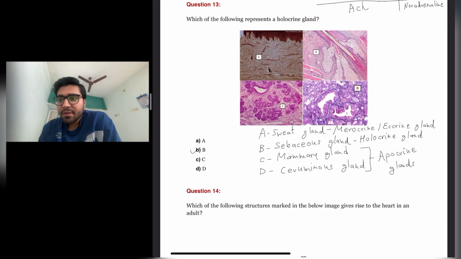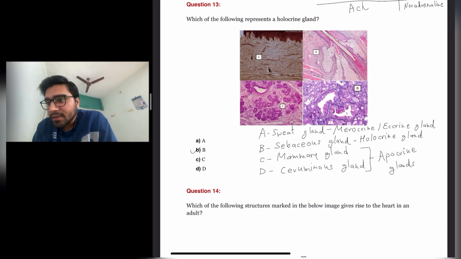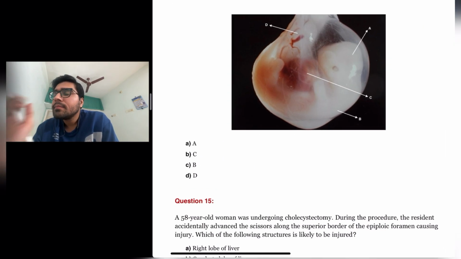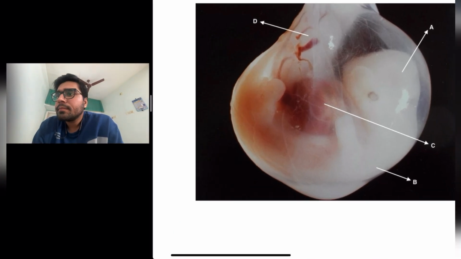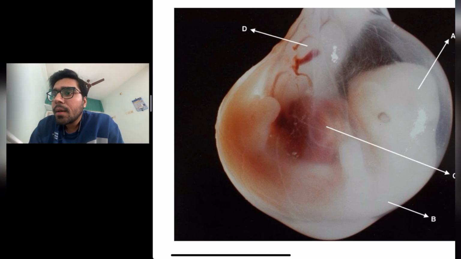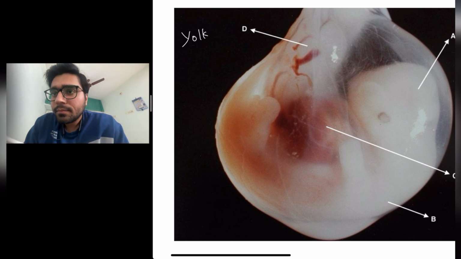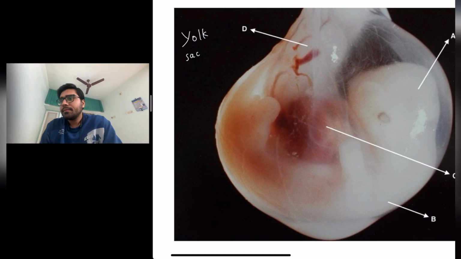Question number 14. Which of the following structures marked in the below image gives rise to the heart in an adult? Let us label all these four structures. The D is yolk sac.